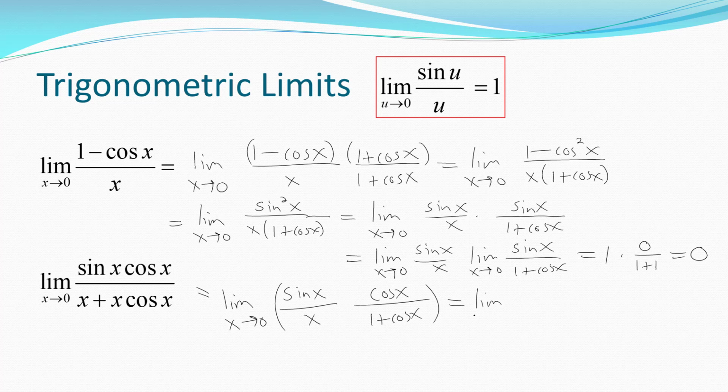That would then be the limit as x approaches 0 of the sine of x over x times the limit of the cosine of x over 1 plus the cosine of x as x approaches 0. The first limit is 1. The second one, 0 is in the domain of the function. Just plug in 0. So the answer then would be the cosine of 0, which is 1 over 1 plus the cosine of 0, which is 1. And that would then give you 1 times a half. It's 1/2. That's the answer.